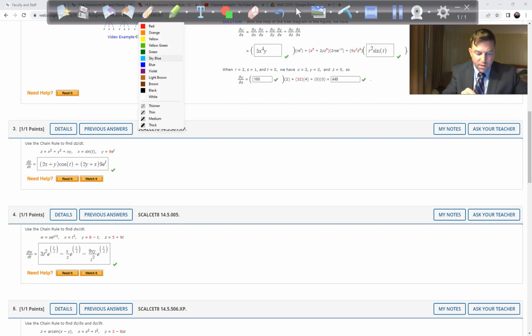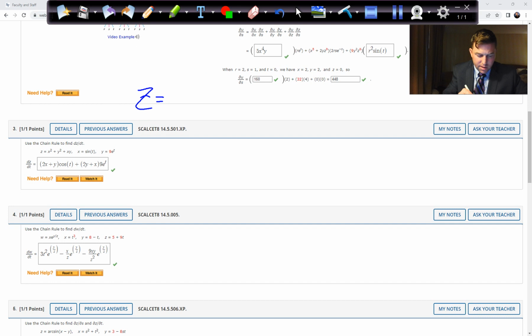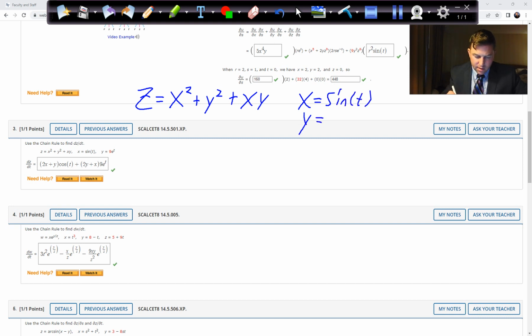Okay, for problem 3, it says z is equal to x squared plus y squared plus xy. Then they tell us x is sine t and y is 9e^t.